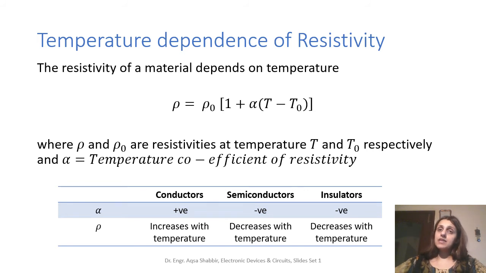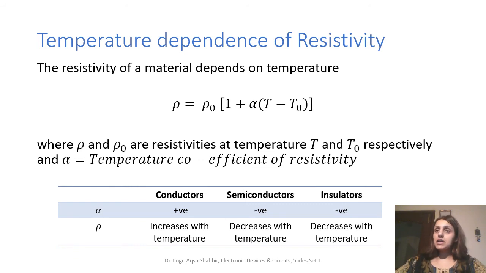The reason behind this is that in conductors, when the temperature is increased, the atoms or the ions start vibrating with greater energy. This leads to an increase in the number of collisions between the free electrons and the vibrating ions or the vibrating atomic structure. So with an increase in temperature, because there is an increase in collisions, that in fact increases resistivity, which in fact reduces electric current.